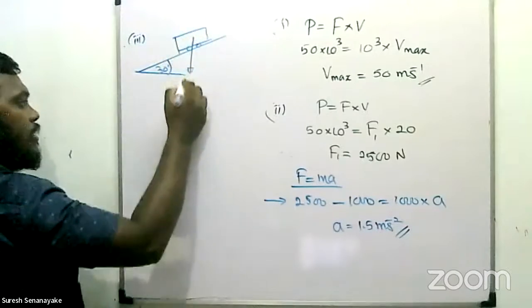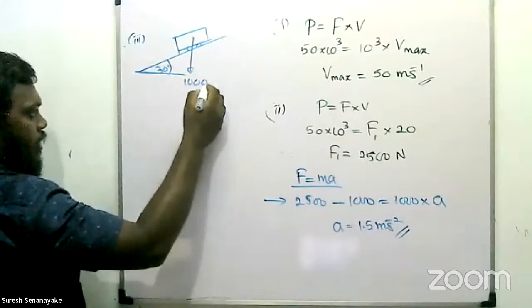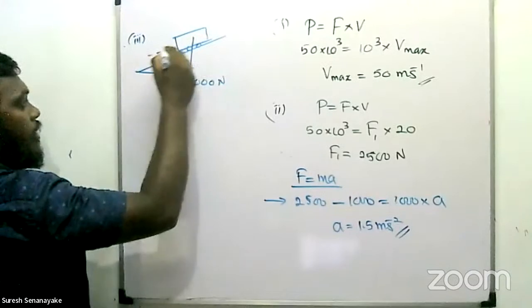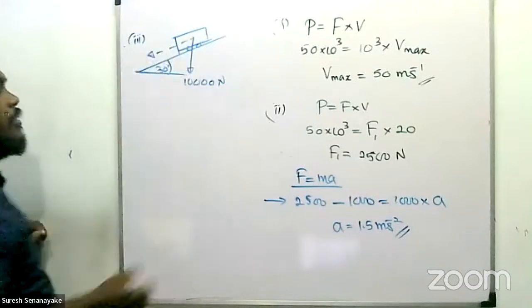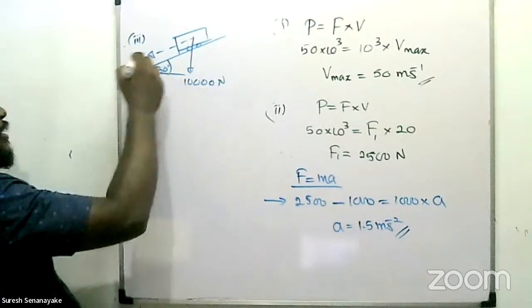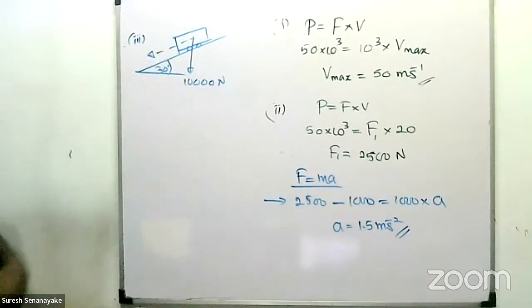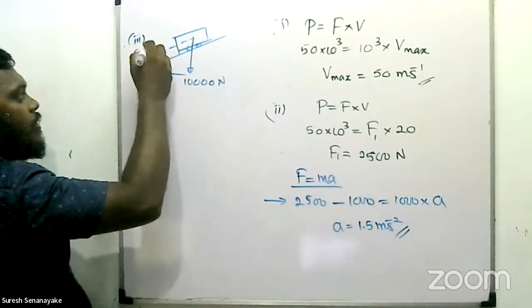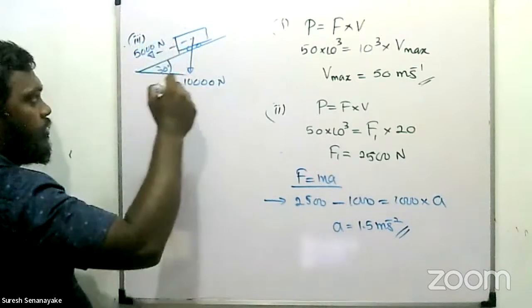Weight is then 1000 kilogram, 10,000 Newton, right? And then the parallel component to the incline is 10,000 sine theta, sine 30. Sine 30 is half, no? So I will directly write 5,000.